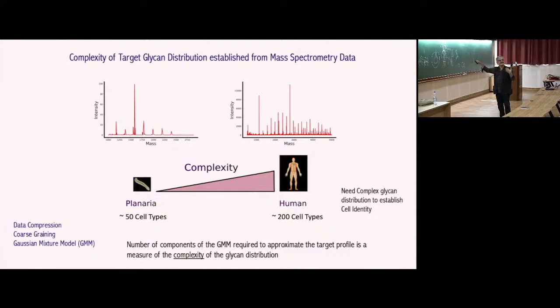And it achieves it by this stochastic chemical processing. So the number of components of the Gaussian mixture required to approximate the target profile is a measure of the complexity of the glycan distribution. If it is a simple one, I just need, let's say, 3 Gaussians to approximate this to a given accuracy. With the same accuracy, I require maybe 20 Gaussians.